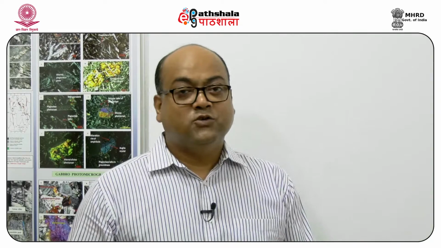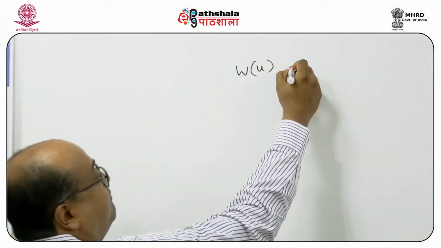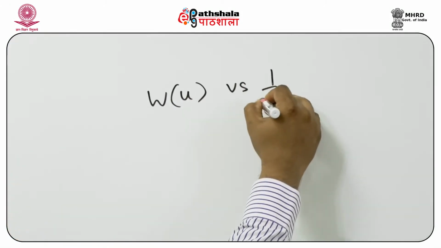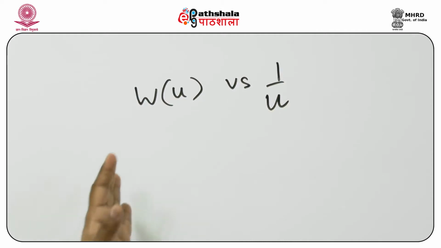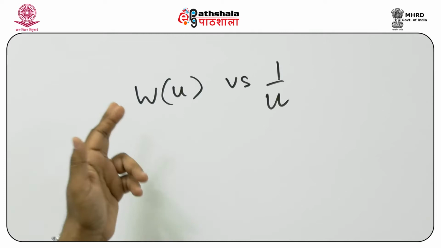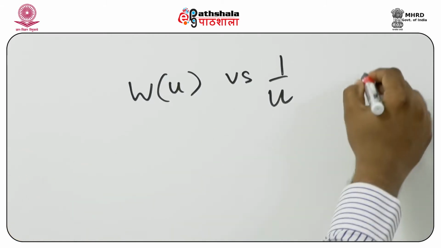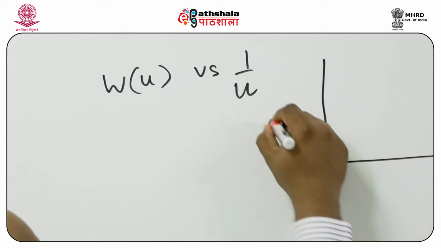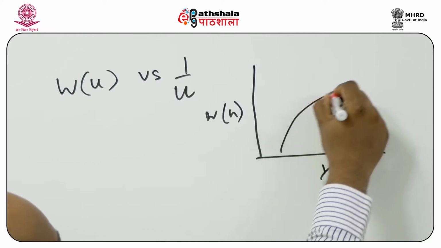Now, when we have the well function W(u) and we plot it versus the inverse of u on fully logarithmic paper, that means both values are represented on a log scale, the curve formed, if I plot W(u) against 1 by u, looks like this.